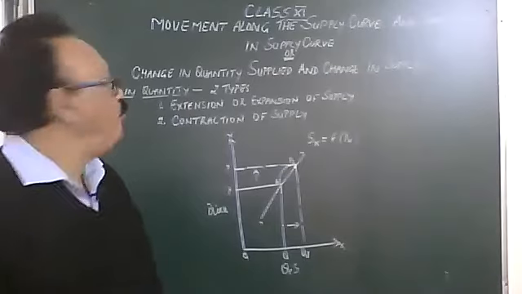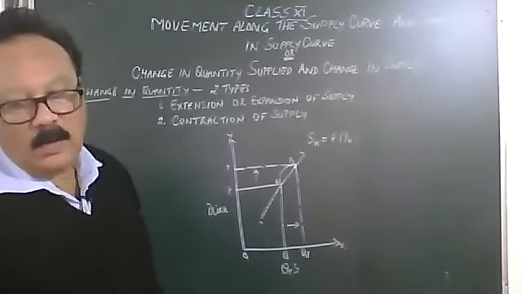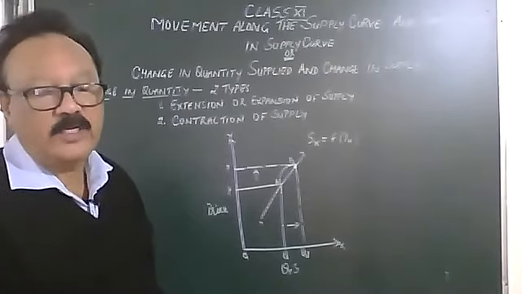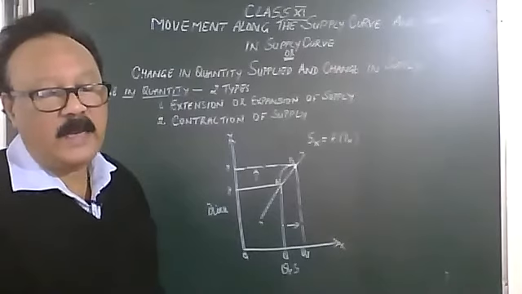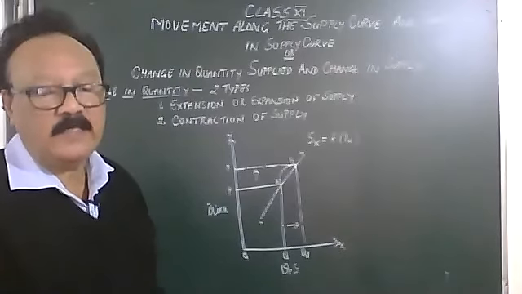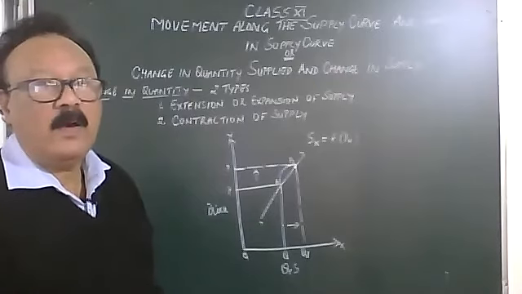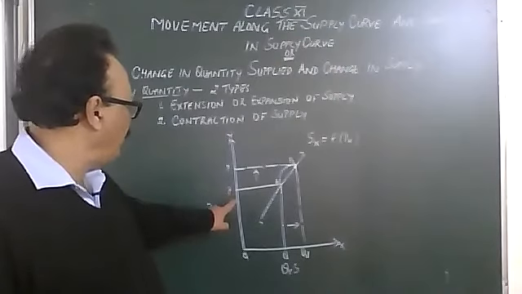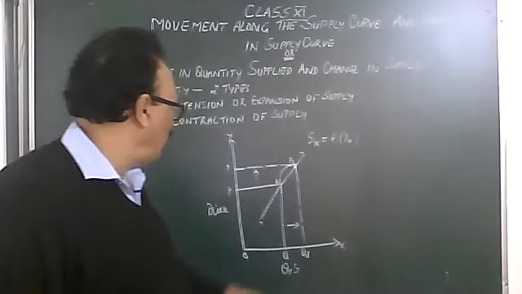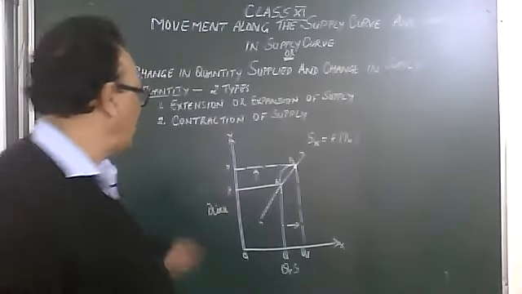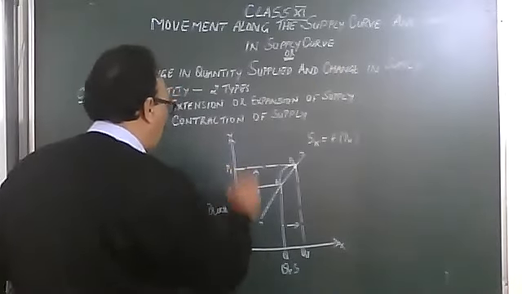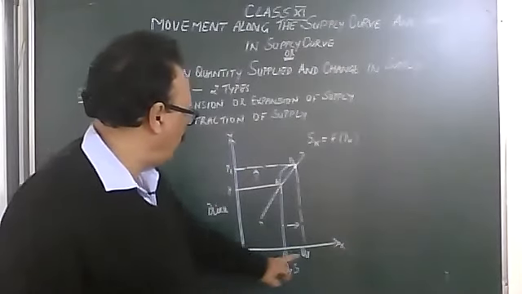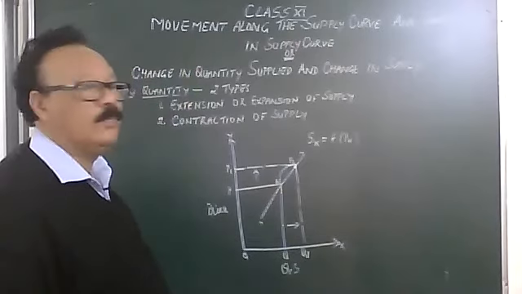So this is called extension or expansion of supply, an upward movement on the same supply curve because of a rise in its price. Price was first OP, the quantity supplied was OQ. When the price rises from OP to OP1, the quantity increases to OQ1 from OQ.